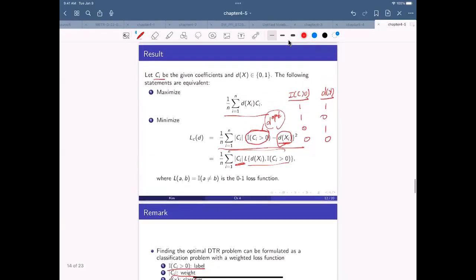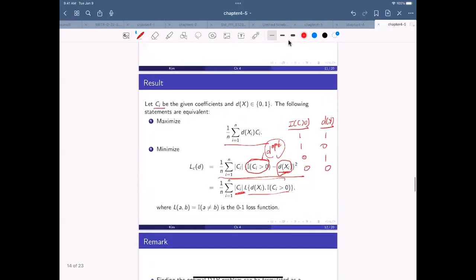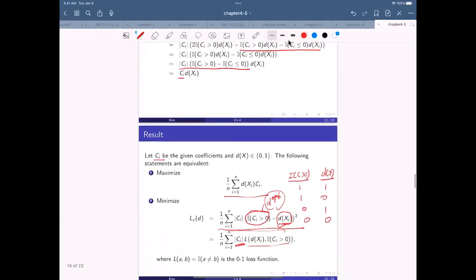And another observation I'd like to point out is that conceptually, the weight matters. When it comes to finding the optimal DTR, what really matters is a large value of C_i, right? Which makes sense. Suppose some elements have a small difference, but some elements have a big difference.